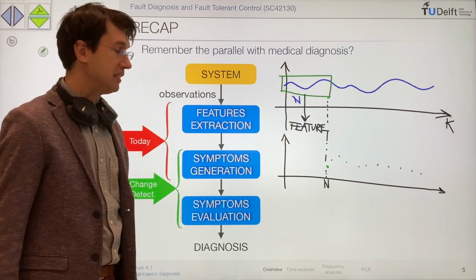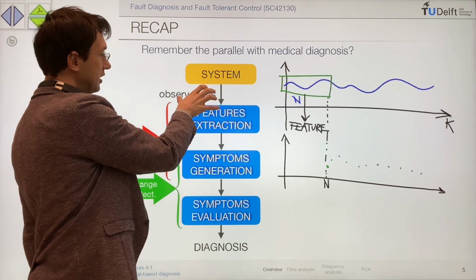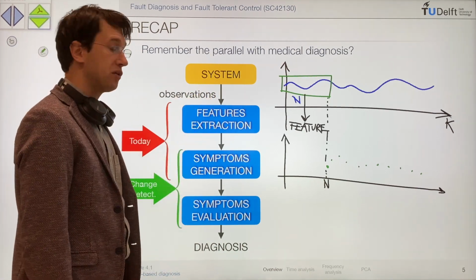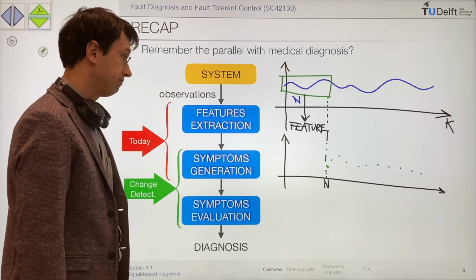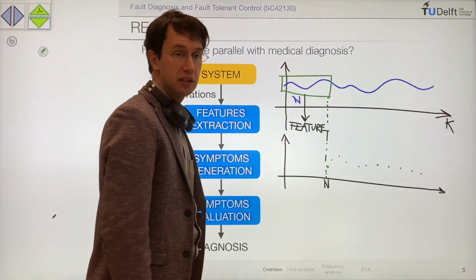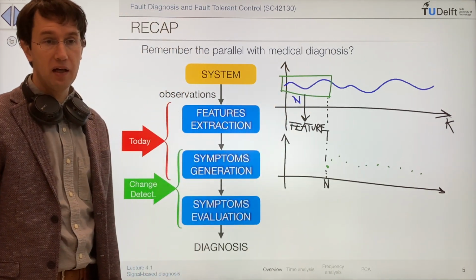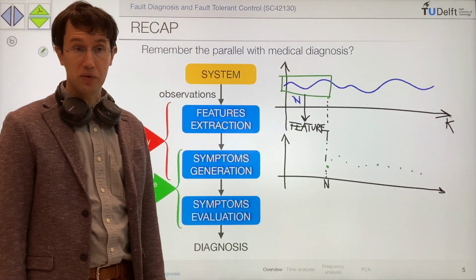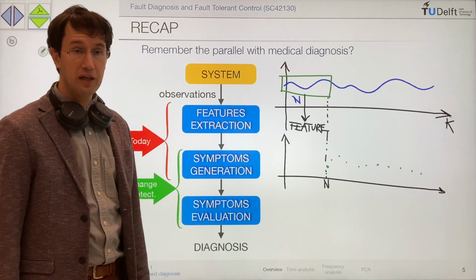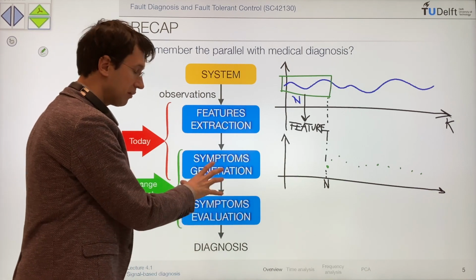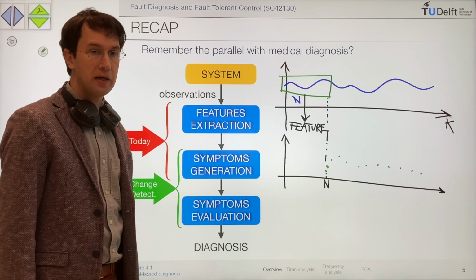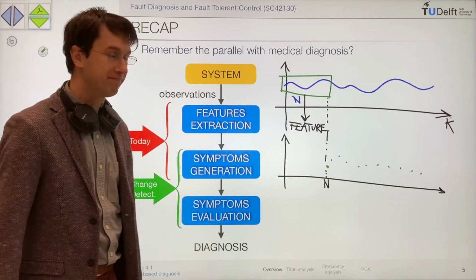If we do that, our features are just the raw observations or some transformation applied to single samples. Having a window of a non-trivial length is more interesting because you can do things like frequency analysis or noise reduction or other transformations that are useful, because the symptoms we are looking for may be easier to detect on transformed data with respect to raw data.